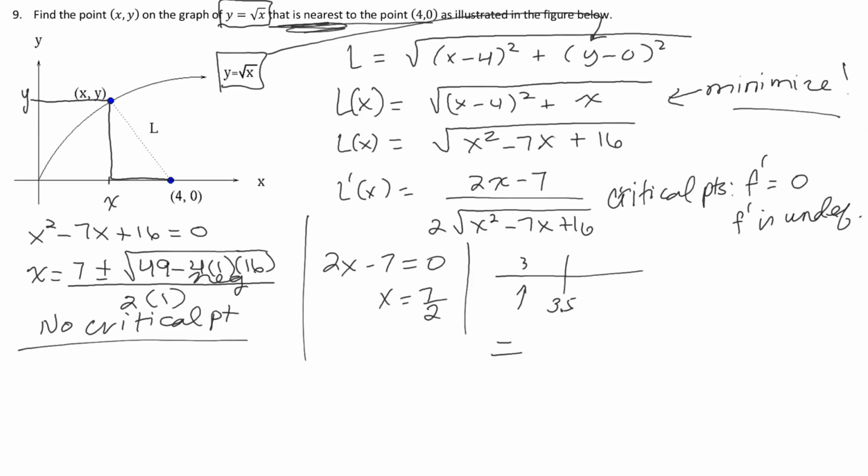On the denominator, we will have 3 squared, that would be 9, minus 21, plus 16. 9 plus 16 is 25, 25 minus 21 is 4. That would be a positive number on the denominator. So the derivative here is negative, and so it's decreasing.